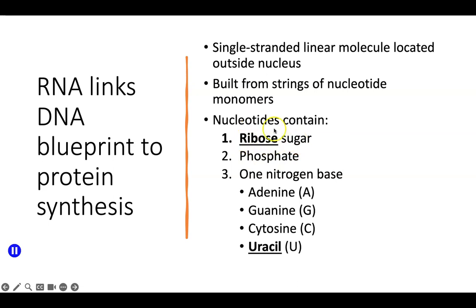However, the sugar is now a ribose group rather than deoxyribose. Additionally, when you look at the options for nitrogen base, you still see A, G, and C, and G is still going to pair with C always. But now there's a uracil instead of a thymine. And so this means that for mRNA, or for RNA, adenine is now going to pair with uracil whenever it does bind to another nucleotide.